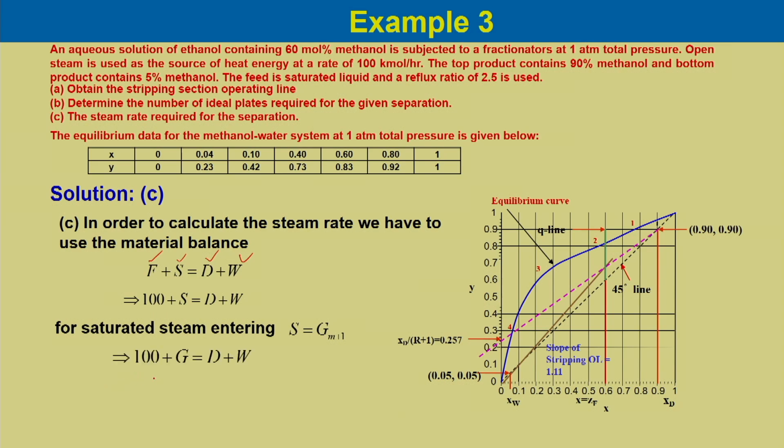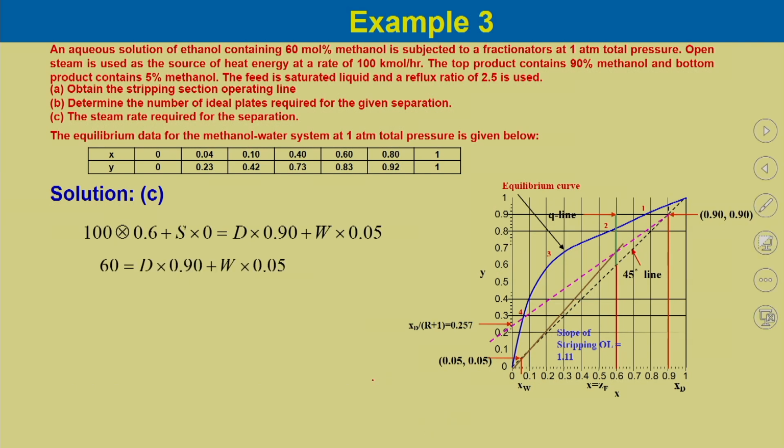So, we can write 100 plus G equals D plus W, and if we consider the species mole balance equation, it is 100 into ZF, that is 0.6, plus S into 0, since the steam does not contain any solute, equals D into 0.9 plus W into 0.05.